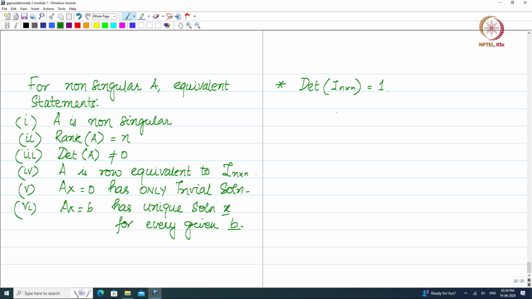If two rows of a matrix are equal, then the determinant of the matrix is 0.